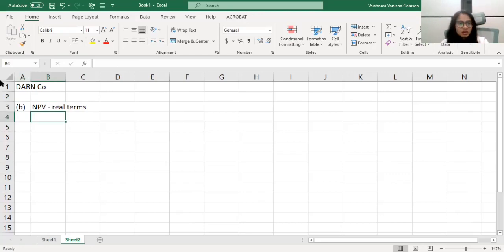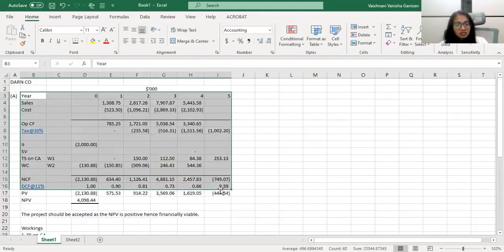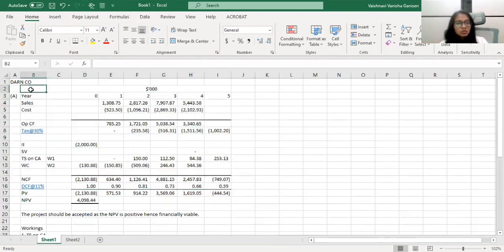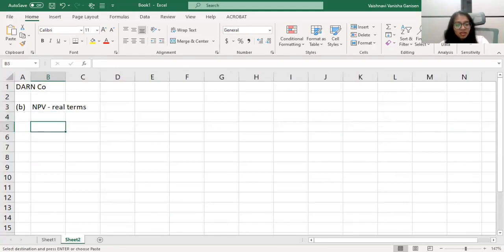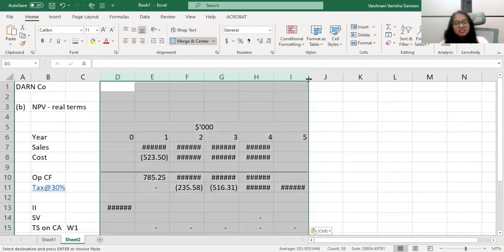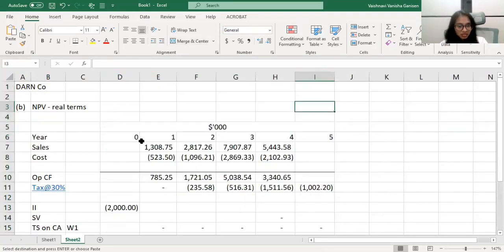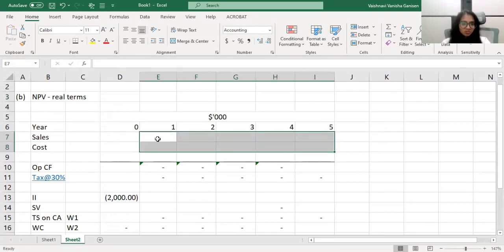Now, what I'm going to show you, guys, because you have already done all these workings here, is that you can just copy and paste the format here. I just want to remind you, when you do this, please remember to delete this information.